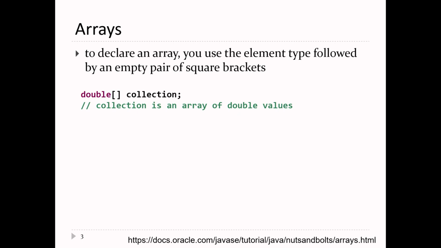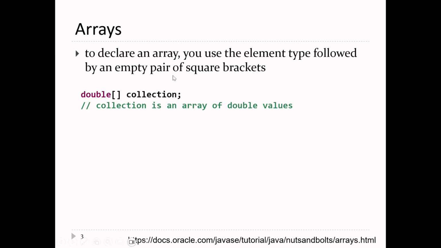To most Java programmers, that looks like an array of double. To a C programmer, that looks like a syntax error. You can, if you want to, put the square brackets after the array name. If you want to stick with the old C notation, that still works in Java. I'm always going to write it the Java way, but if you want to, you can put them after the variable name. That says that collection is a variable whose type is an array.